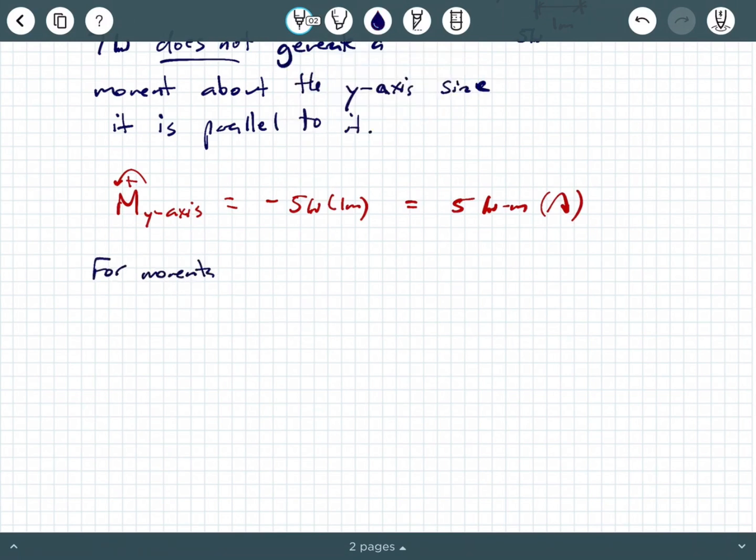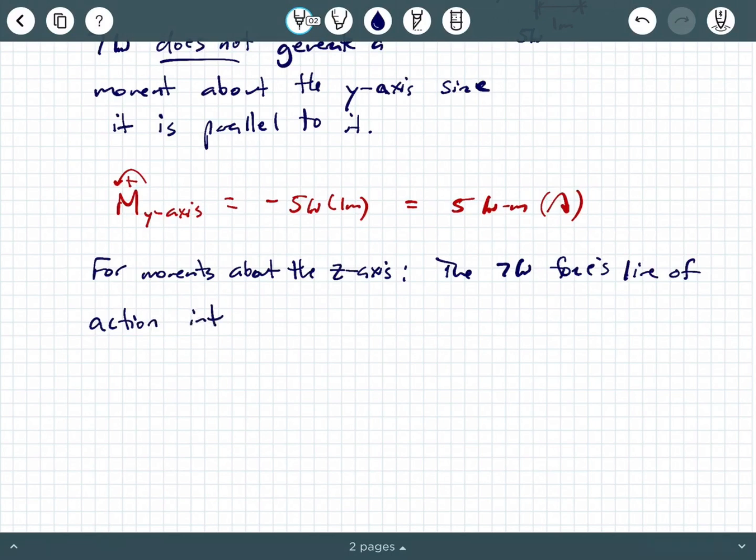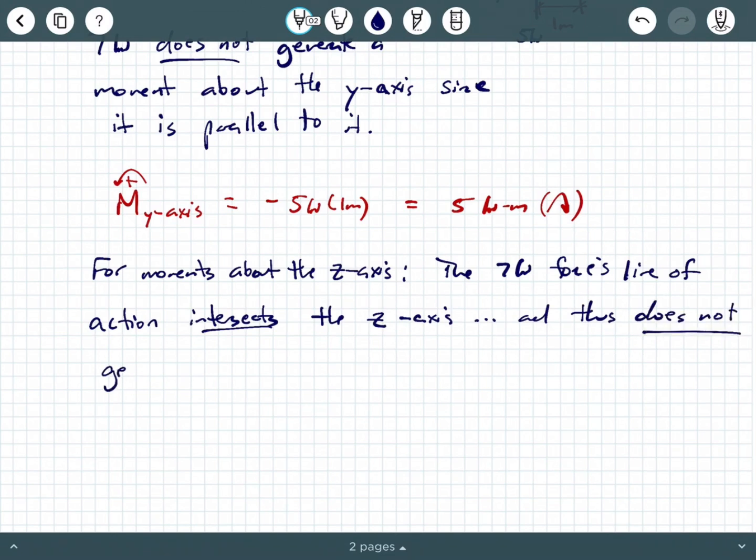All right, so we'll make a note of that. For moments about the z-axis, the 7 kilonewton force's line of action intersects the z-axis and thus does not generate a moment about it.